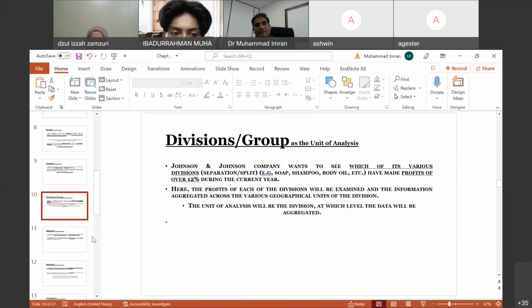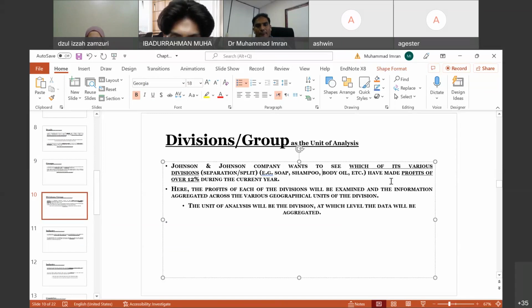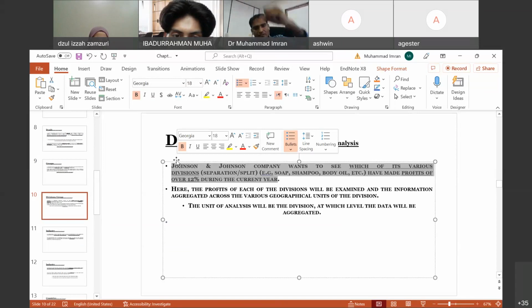Okay, then here, division and the group as the unit of analysis. Johnson & Johnson company wants to see which of its various divisions, maybe separate ones, e.g. soap, shampoo, body oil, etc., have made profits of over 20% during the current year. Okay, these are maybe the research title or research issue.